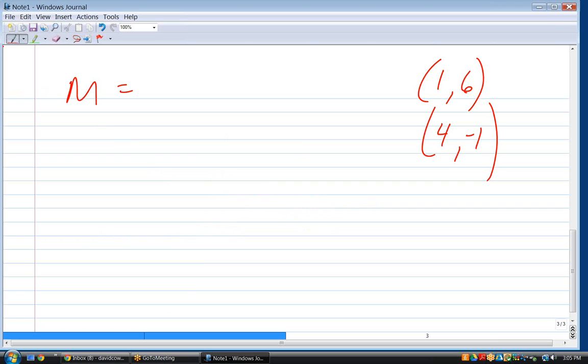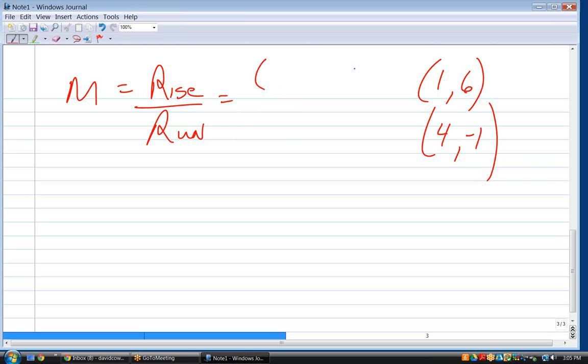So the most important thing we have is slope. What is slope? What's the vernacular for slope? Rise over run. That's what I want you to remember. As long as you remember rise over run, you won't get it backwards.